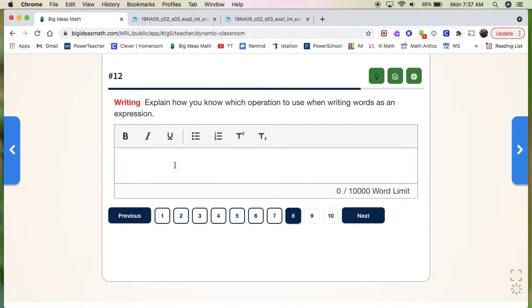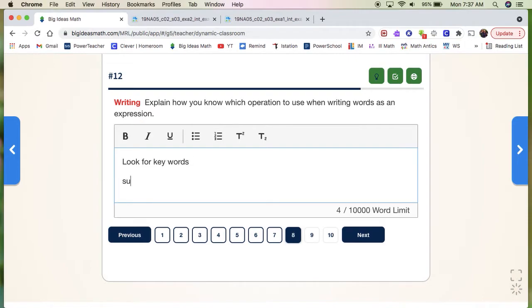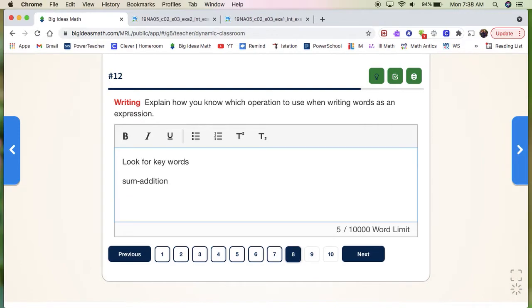So I think this will let me look for keywords. Look for keywords when you're trying to decide which operation to use or which operation they're talking about. So if it says sum, we're talking about addition. If it says difference, we're talking about subtraction.